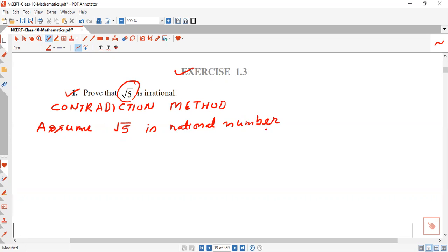If this is a rational number, it can be expressed as a ratio of two integers a and b, where a and b are co-prime.